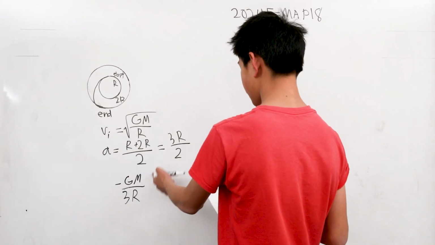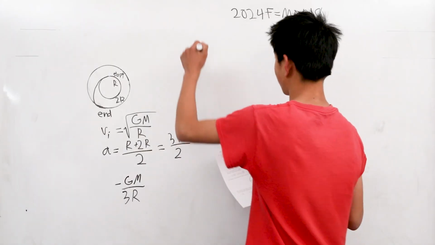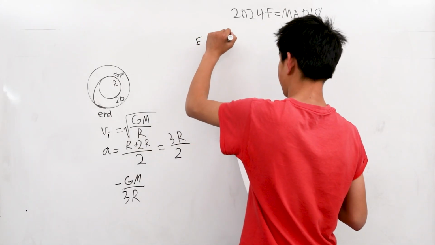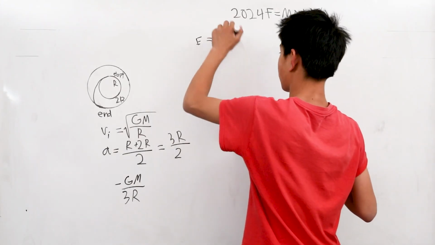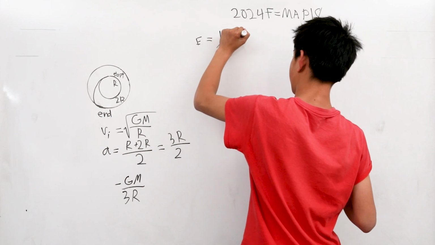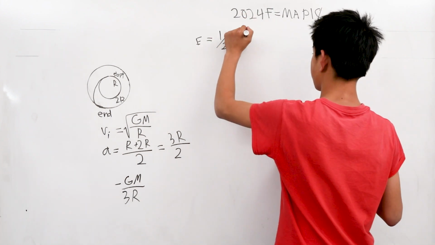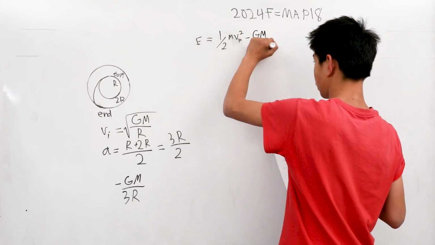So we have this form now, and our total energy is E equals our kinetic energy, 1/2 m v_p squared, because that's after the burn, minus GM over 3r.